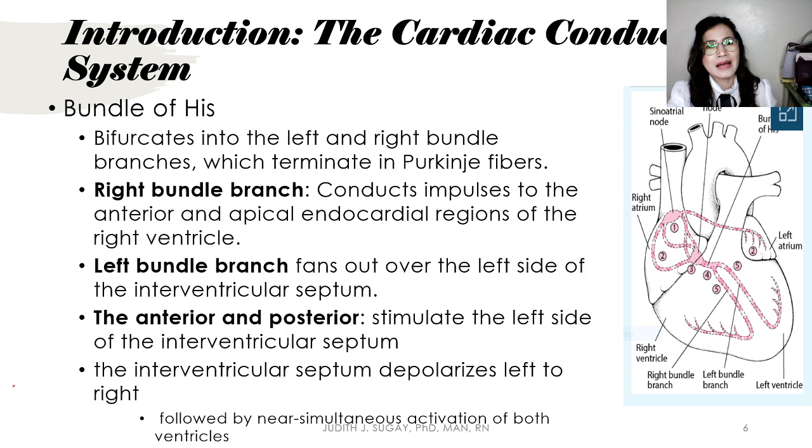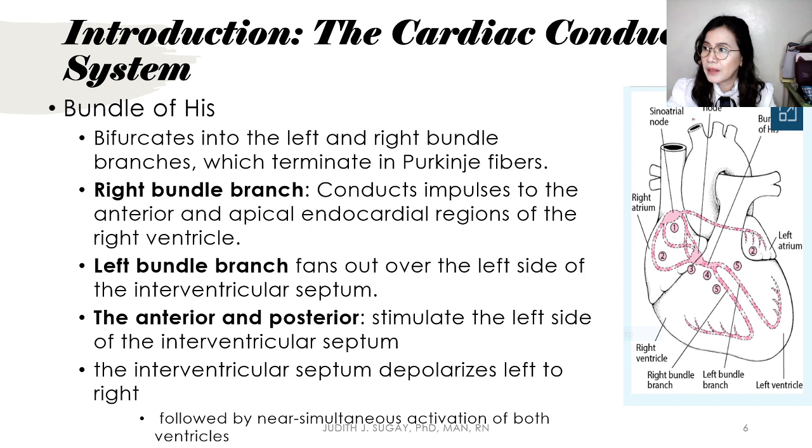So let's have the cardiac conduction system, again, as a continuation. We have the bundle of His. The bundle of His is the continuation of the AV node. Remember the previous slide? It enters the top of the interventricular septum.